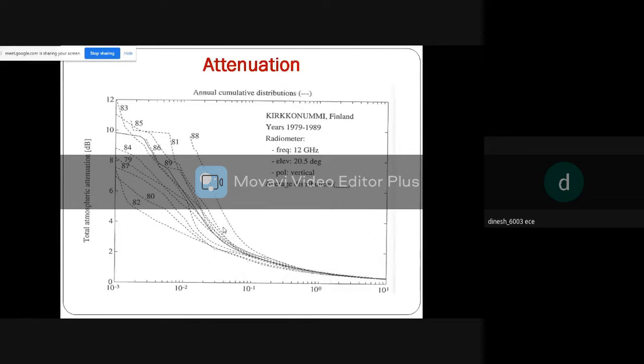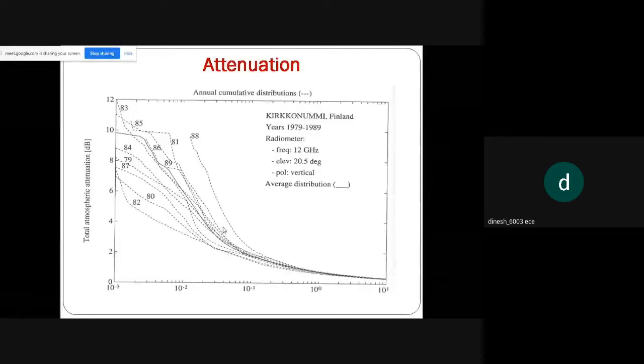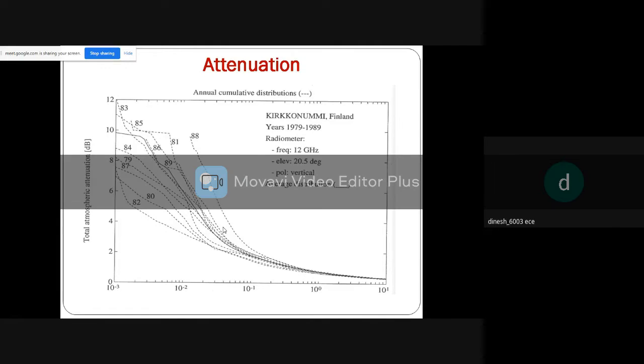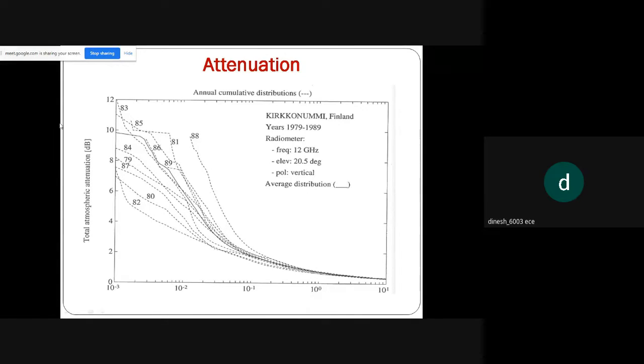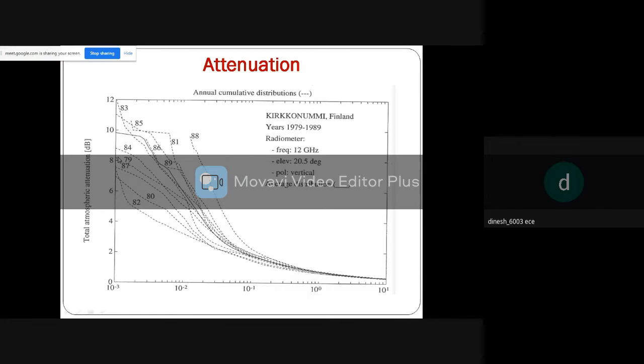And then the analysis was done at Kirkkonummi, Finland, during the years 1979 to 1989. The total atmospheric attenuation during these 10 years at this place can be calculated like this. In 1979, it was about 8.2 or 8.3 decibels.